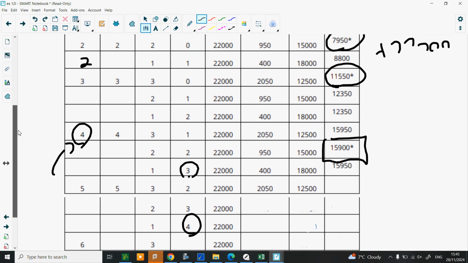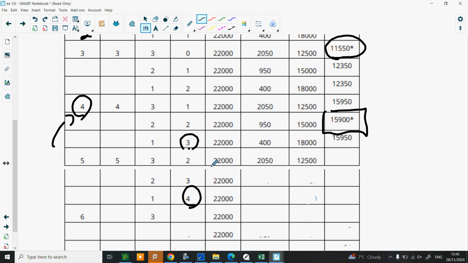We're looking for the most expensive, oh sorry, the least expensive two. 7,950. So 7,950 plus 22,000 plus 2,050, take away 12,500. 19,500. Okay, go again. Next one.